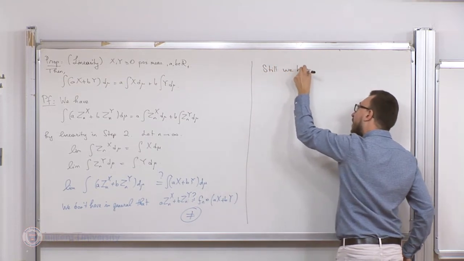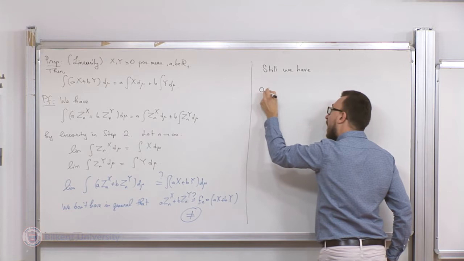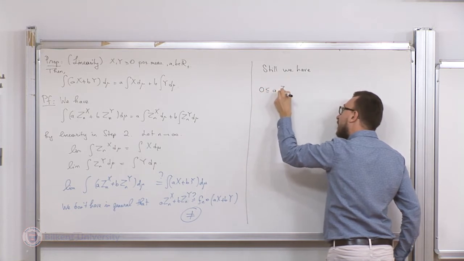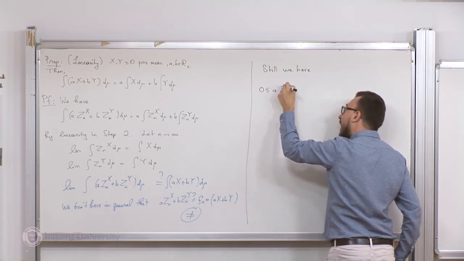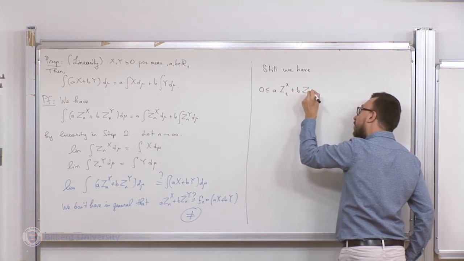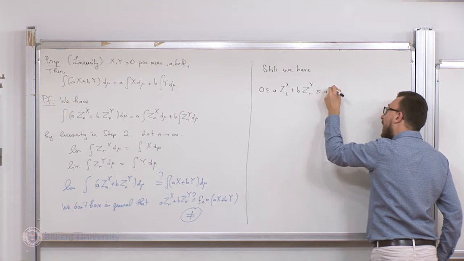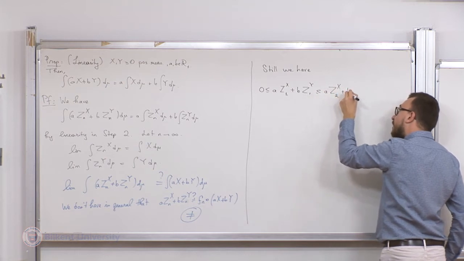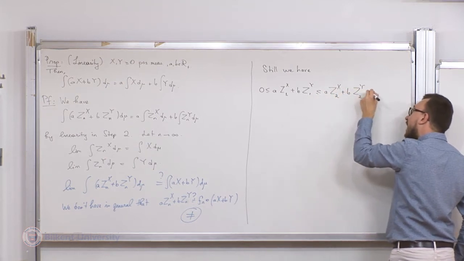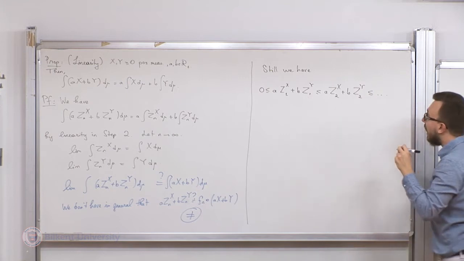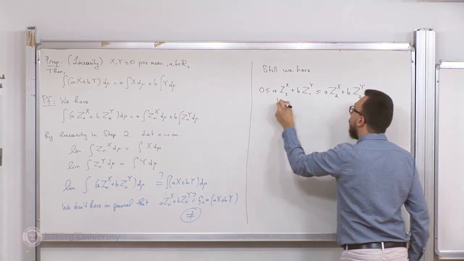we have a z1x plus b z1y less than a z2x plus b z2y, etc., etc. They are all simple functions.